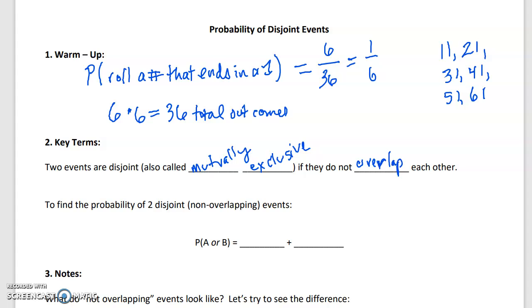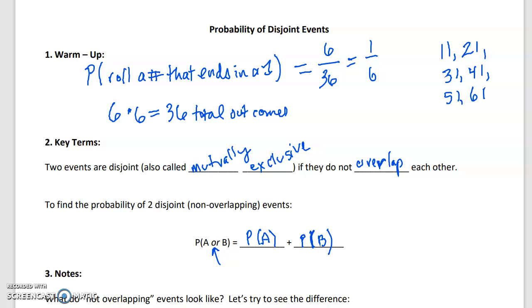And to find the probability of 2 disjoint or non-overlapping events, again, we're looking at the probability of A or B, this or that happening. What we do is we add each probability together. So if we have things that are disjoint, we can just add the 2 probabilities together.